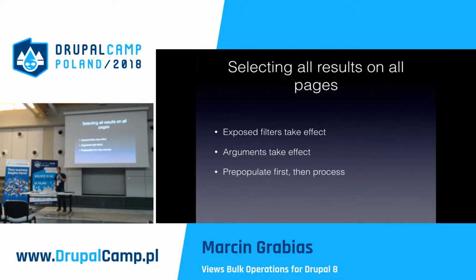Now we can select all results on all pages, where exposed filters take effect, view arguments take effect, and the process is like this: the entity list is pre-populated first in one batch process, and then the list is being processed. It's a two-step process.